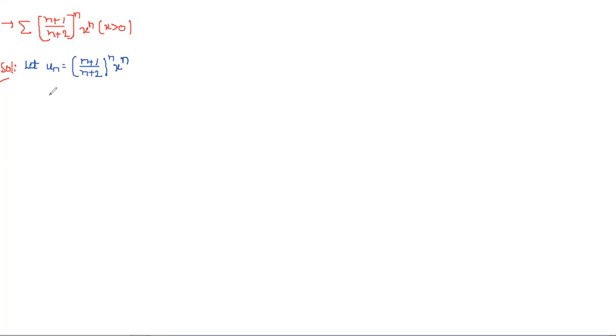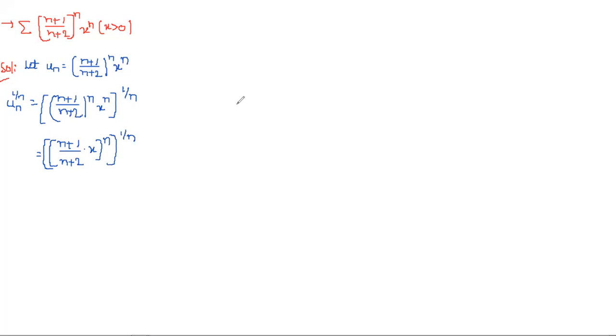For the given series, I just gave the name u_n. Now the condition for applying the nth root test is u_n power 1/n, which is nothing but (((n + 1)/(n + 2)) whole power n into x power n) whole power 1/n. If you observe this, it is in the form of a power n into b power n. So simply we can write ((n + 1)/(n + 2) into x) whole power n, whole power 1/n.